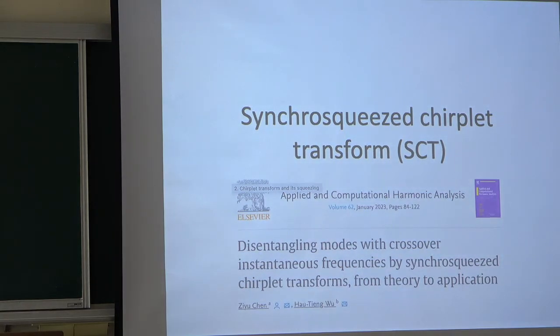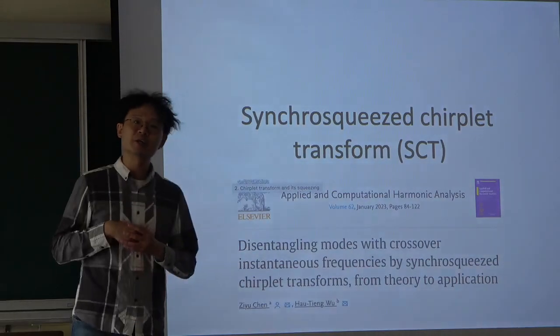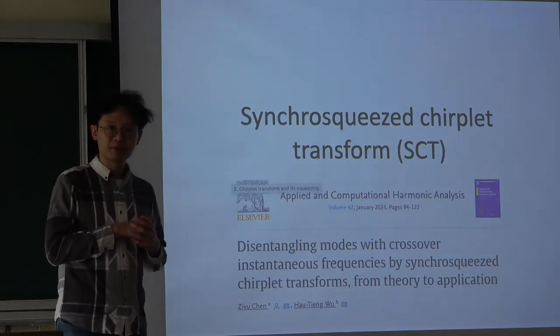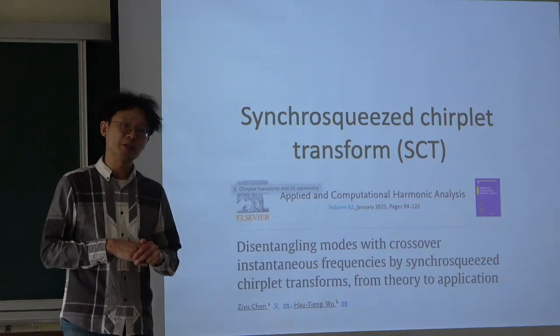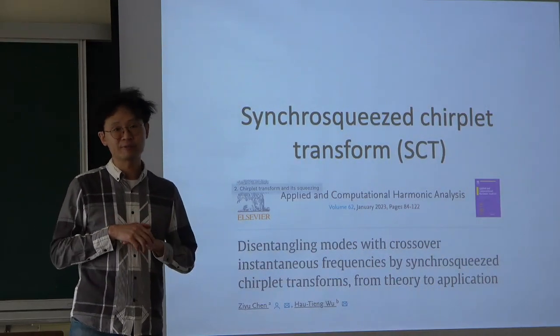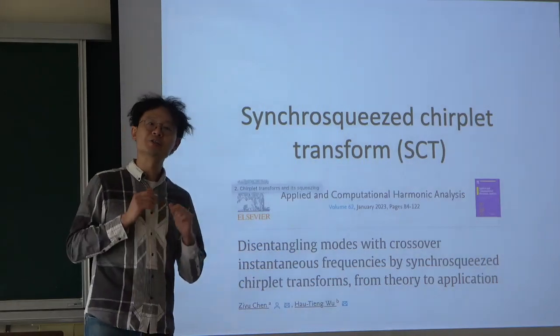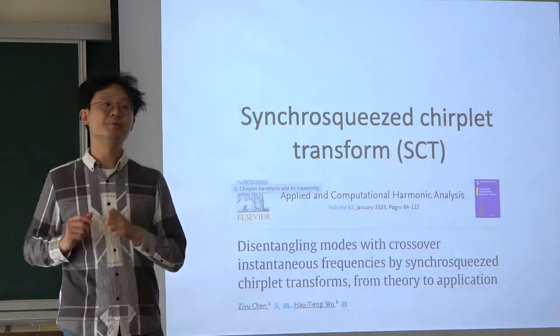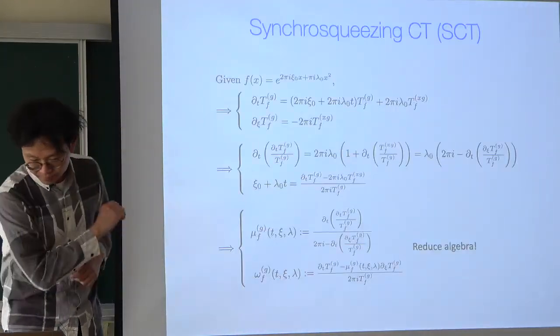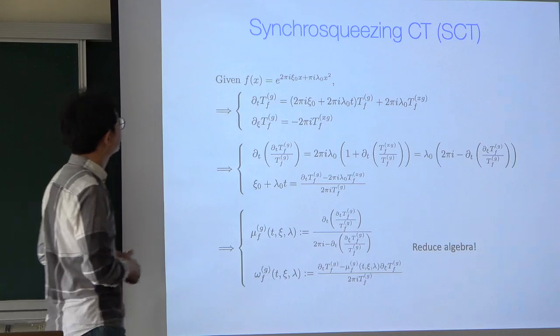So we considered combining the idea of the Synchrosqueezing transform with the Chirplet transform. The basic idea is, again, very simple. We try to use the phase information in the Chirplet transform to sharpen the time-frequency-chirp representation. This is the overall idea.